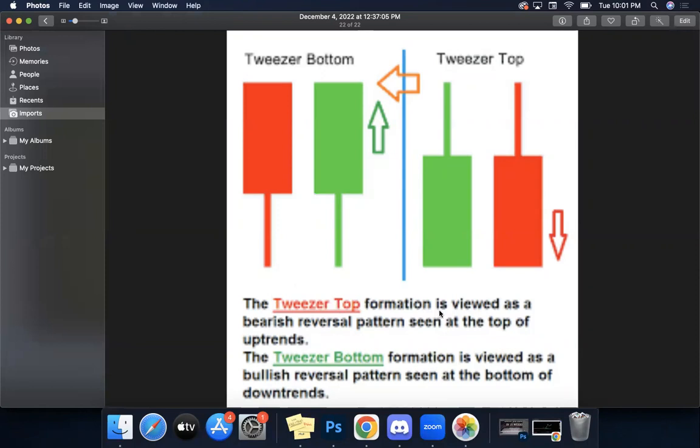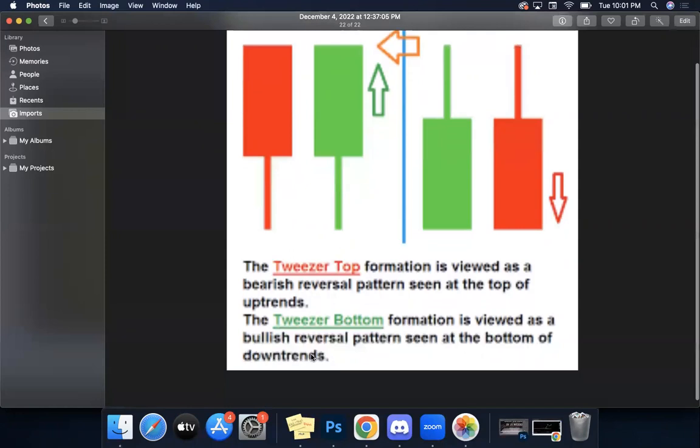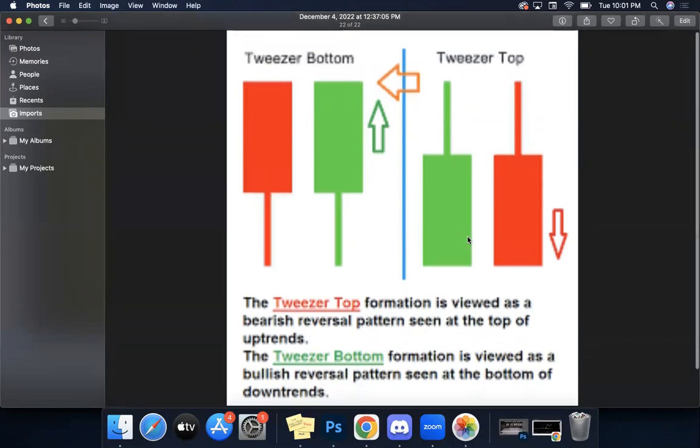So tweezer tops formation is viewed as a bearish reversal pattern seen at the top of an uptrend. So it has to be like this, a red and a green, a red and a green, same thing, tweezer tops. This is tweezer bottom, I'm sorry. This is tweezer bottom, this is tweezer top. So tweezer bottoms is basically the complete opposite. So these are the patterns that I'm going to discuss, all right?